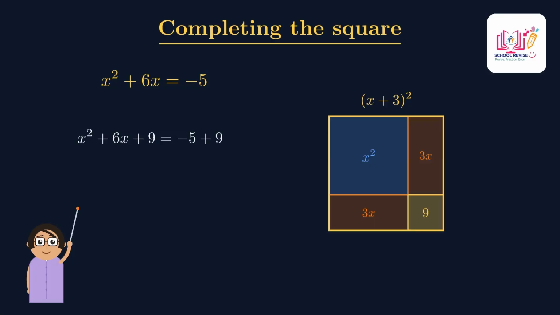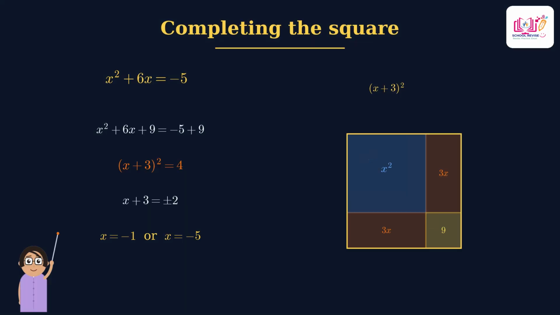Split it in two, 3x and 3x, and lay a strip on each side. You've almost built a bigger square, but there's a corner missing, a 3 by 3 gap. So we fill it. Add 9 to complete the square, to both sides, to keep things fair.